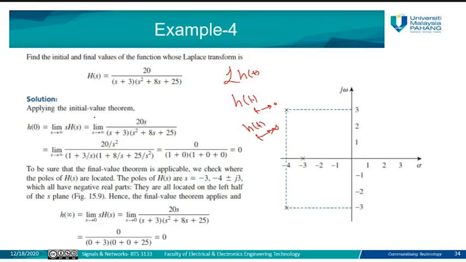What we need to do is just apply the property of the theorem of the initial value and the theorem of the final value. So for the initial value, I need to multiply hs by the value of s. So it becomes limit s goes to infinity of s, this is the s that I have from the formula, times hs, this is the value of hs that I want to use.